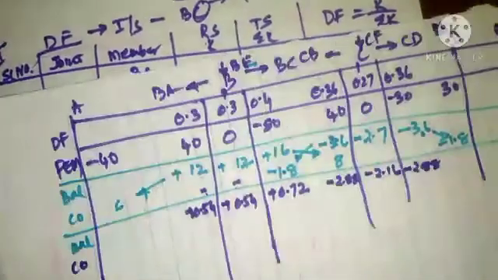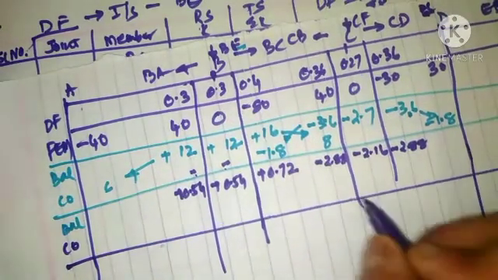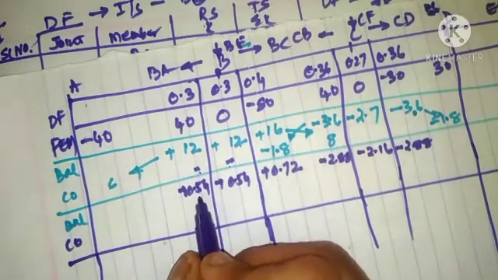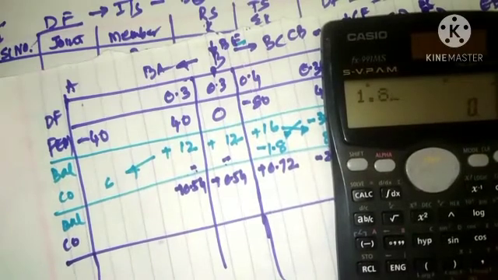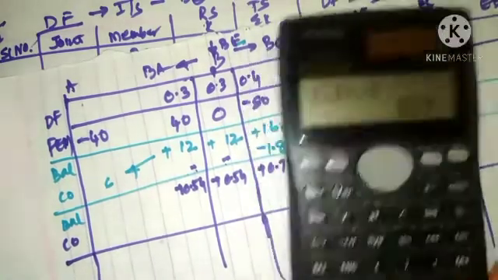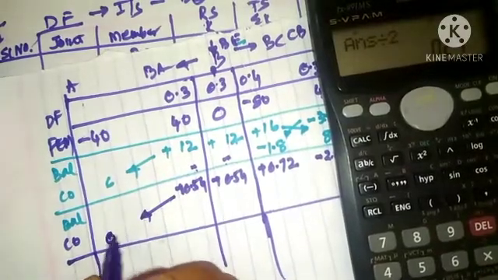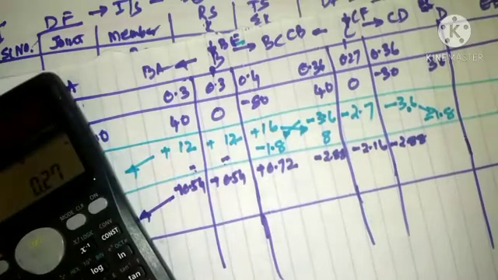When you do the carryover, it is done along with the sign. This is 0.54 positive, because 1.8 into 0.3 comes as 0.54, divided by 2, which comes as 0.27. So on the left side it will be 0.27, and this is BE, so 0.27 will be transferred here.